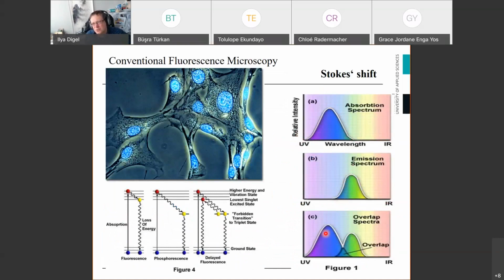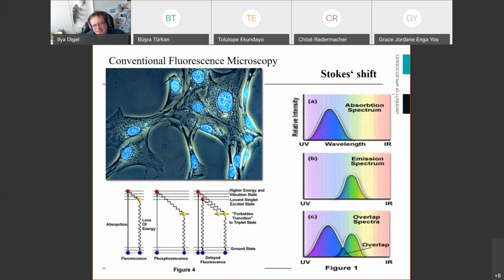And this difference between the peaks we call Stokes shift. It can be large or small depending on temperature, depending on which compound you use, depending on which wavelength you use, depending on many factors, in fact. But this shift is always present in classical fluorescence.